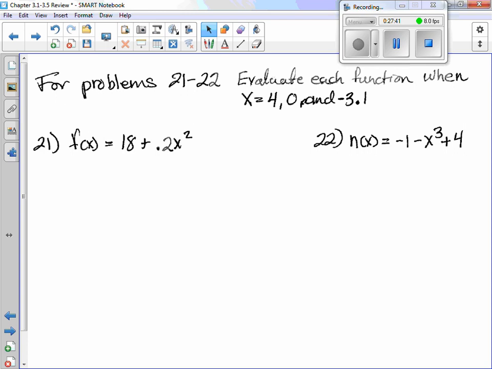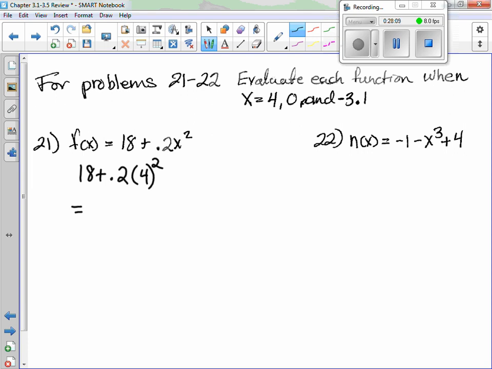Evaluate each function when x is equal to 4, 0, and negative 3.1. What are we doing for these here? Yes, sir. We're plugging these values in for x. So when x is 4, we'd have 18 plus 0.2 times 4 squared.